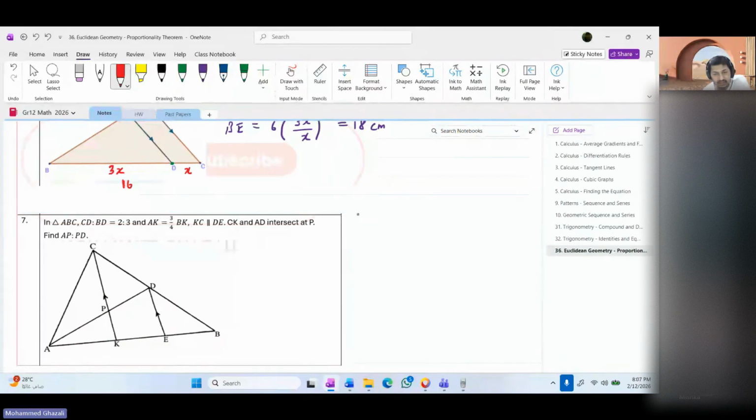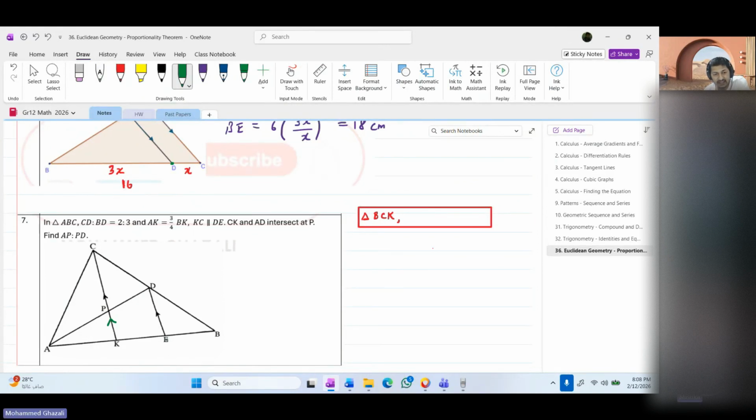Look at it. What triangles do you have? You have triangle BCK, where DE is parallel to CK. What other triangles can you apply the prop theorem in? Mishka, what other triangles have a parallel line? The trick is to extend this parallel line, then you can see all of them. You see?